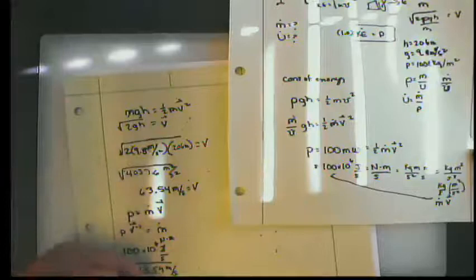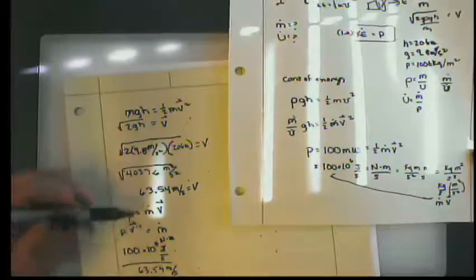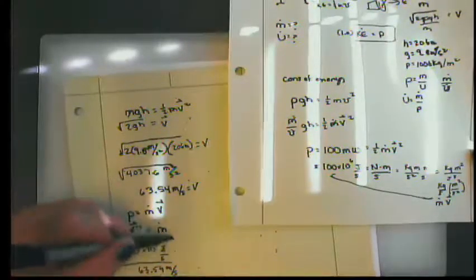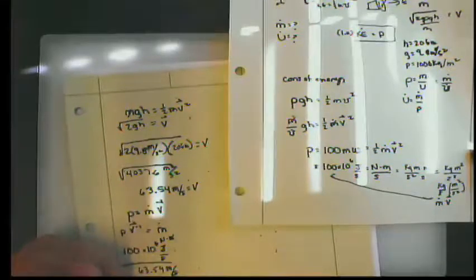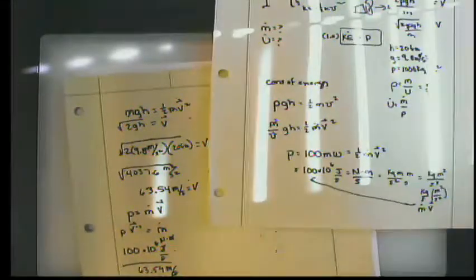That's going to give me something different. Let me look at my units here. So this and this cancel, this and this cancel, and I get newtons. Doesn't even make any sense for a unit. So let me think this one through.